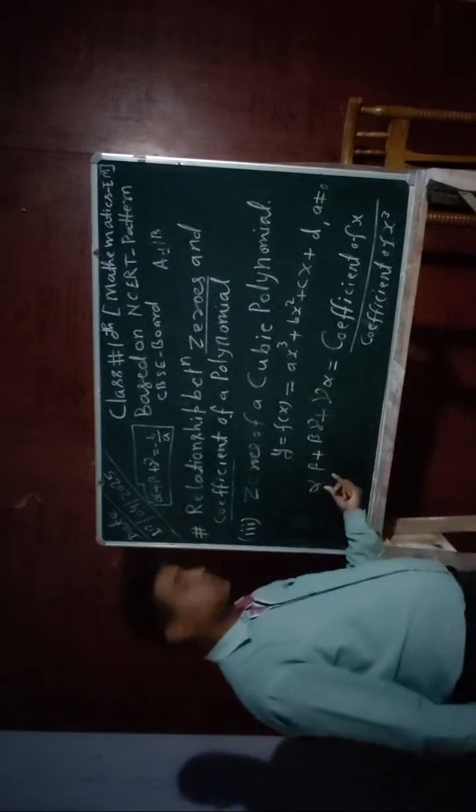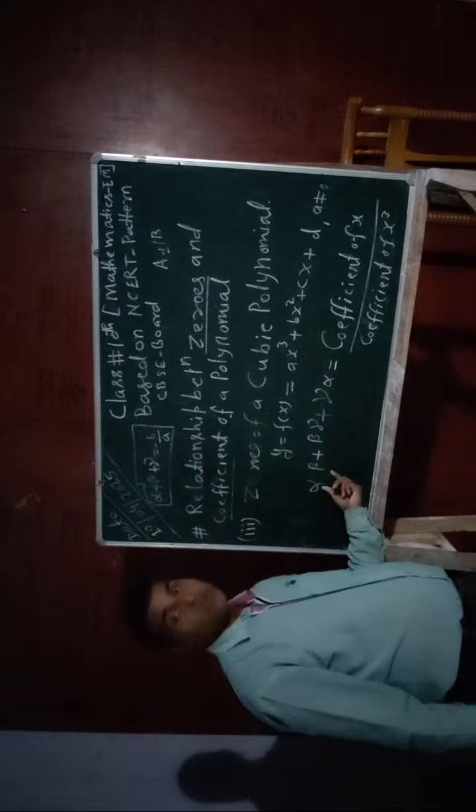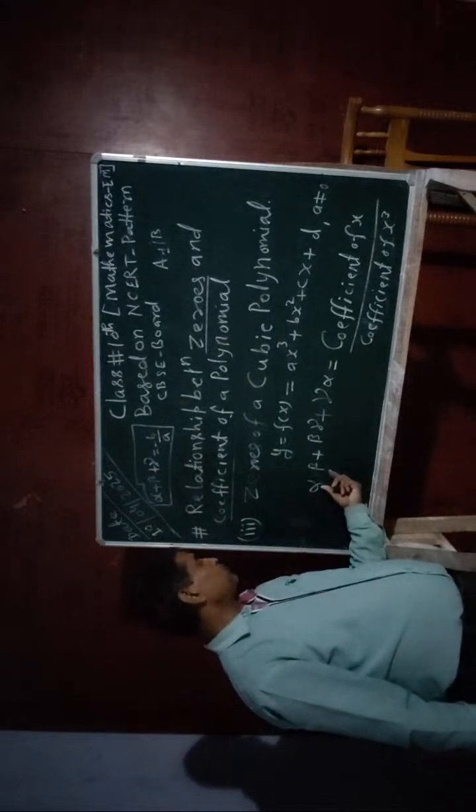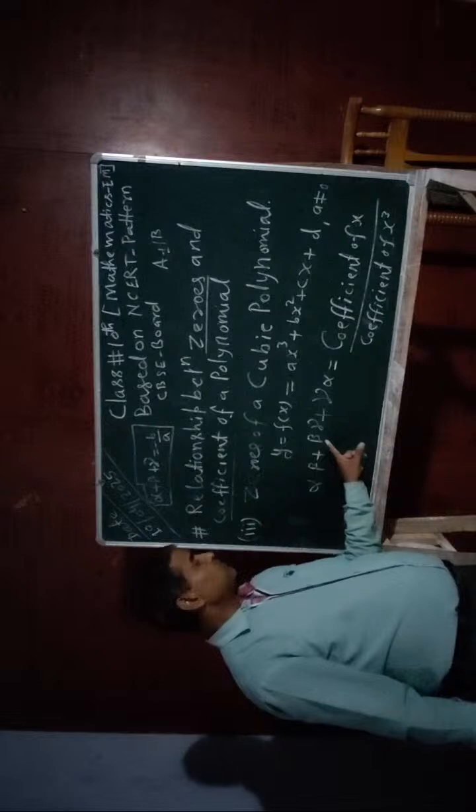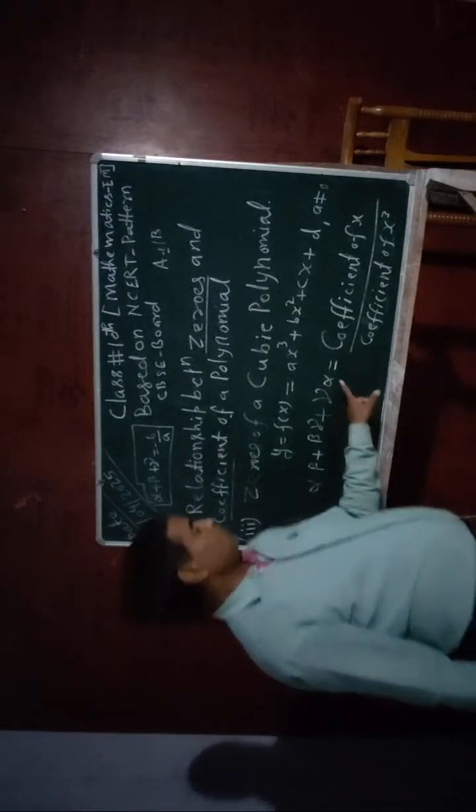Okay, students. So here we are taking the sum of the product of two roots, alpha into beta plus beta into gamma plus gamma into alpha.